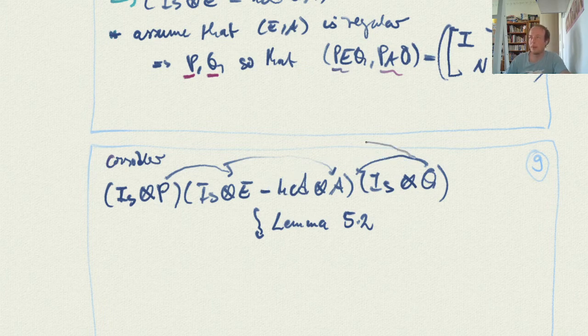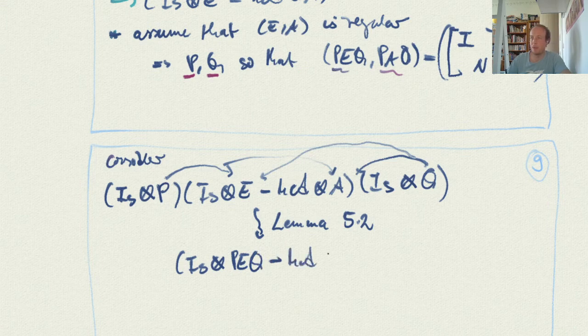But we get that this is I_s Kronecker PEQ minus h A Kronecker PAQ.